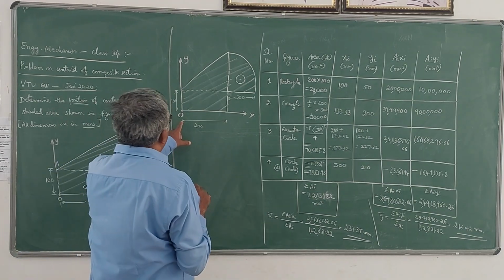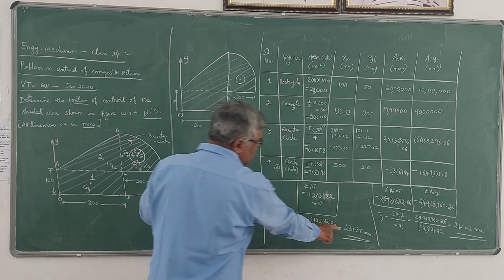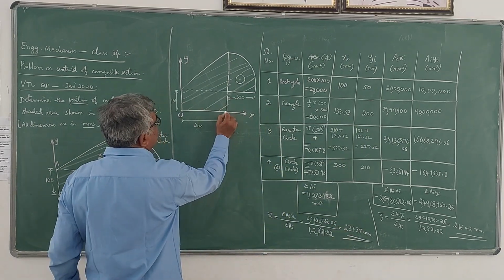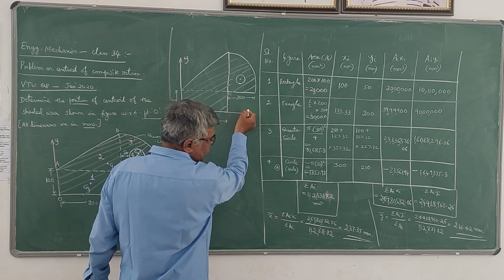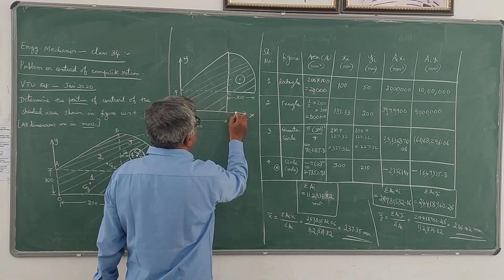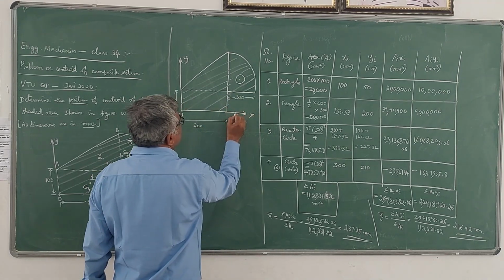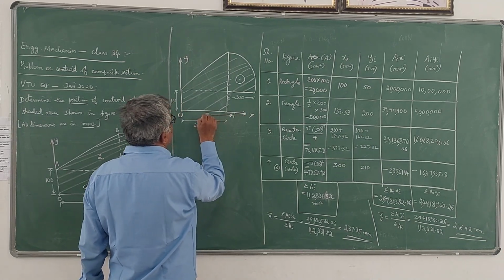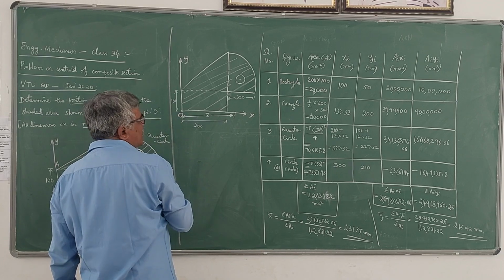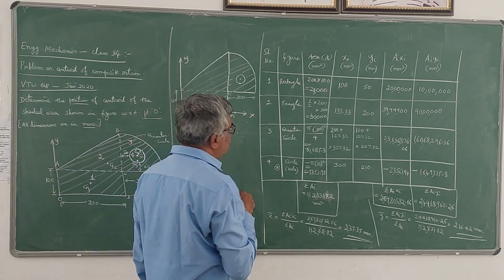Now x bar is 237.35, which means it is 200 up to here. You have to measure from the y-axis. Then from there it is 37.35. So it will come somewhere here. So this is your x bar. Then y bar is 216.42.